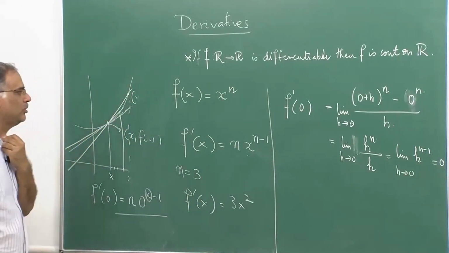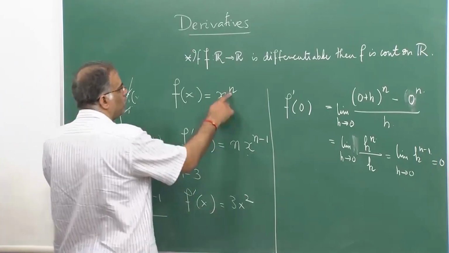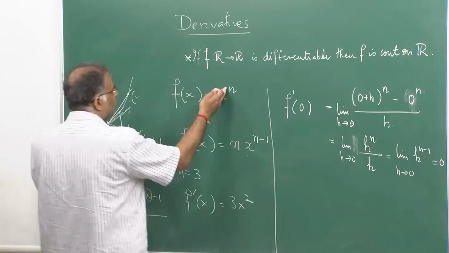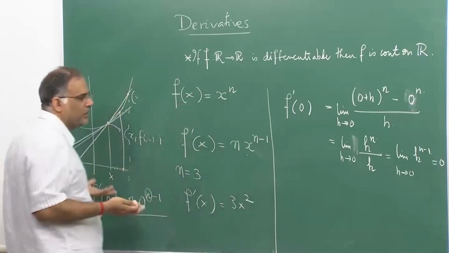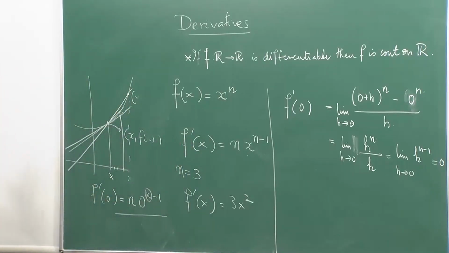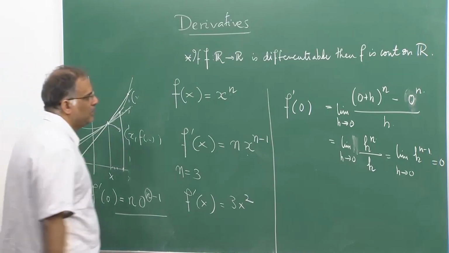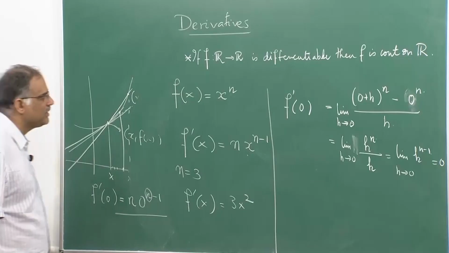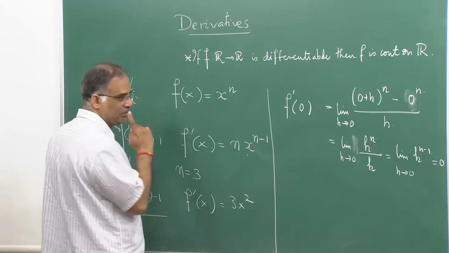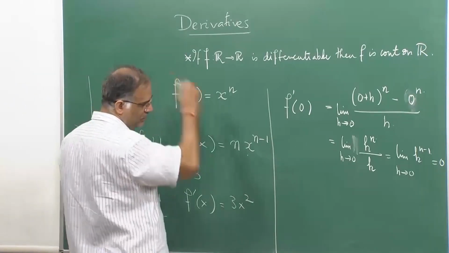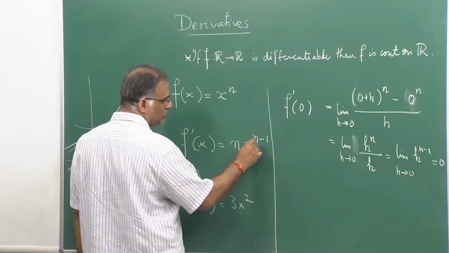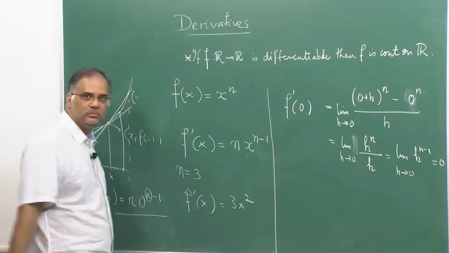So suppose n is equal to 1. Obviously if n is minus 2, 1 by x to the power 2, x is not defined at 0. So you can say, how do I calculate the derivative there? Fine. But if n is minus 1, then 1 by x is not defined at 0. Now suppose n is equal to 1, so f of x is equal to x. Then here it will become 1 minus 1, 0.